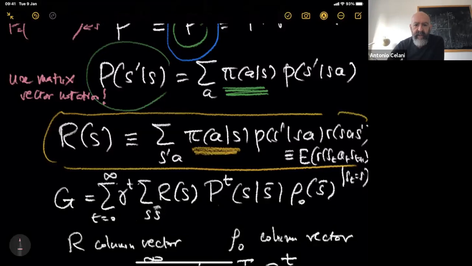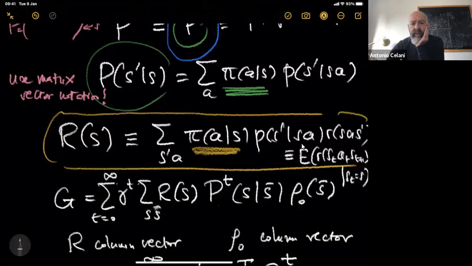So if we want to map everything in terms of vectors and matrices, we have to do something with the rewards. Since this matrix is a square state-by-state matrix, we want to find a vector which is made of states. But average rewards themselves are a function of a triplet, state, action, and state prime, which is a bit cumbersome because it's not, properly speaking, a nice vector.